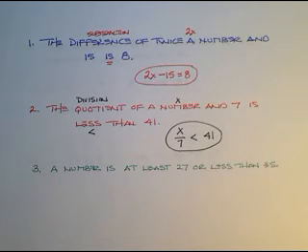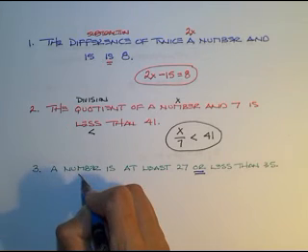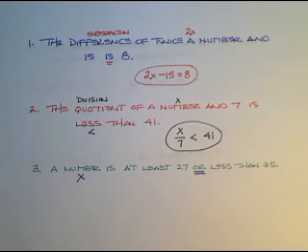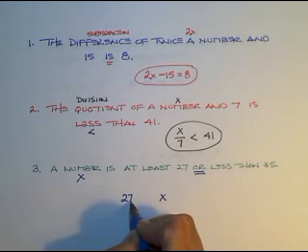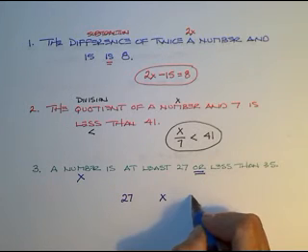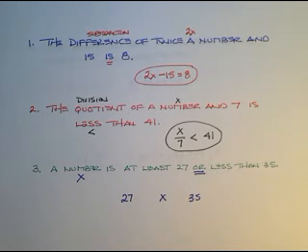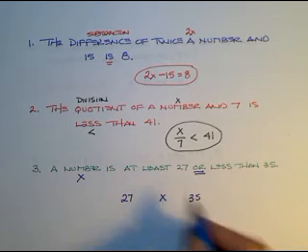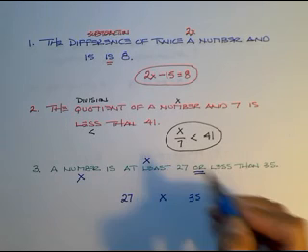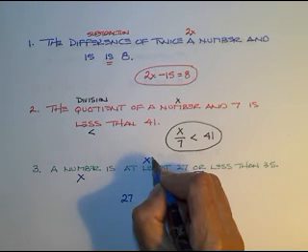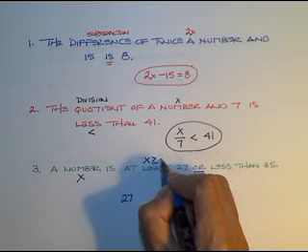And then the last one, a number is at least 27 or less than 35. This one's a little bit tricky. Let's call our number x. So we know that x is going to be between 27 and 35. We know that x is at least 27, so x is greater than or equal to 27.